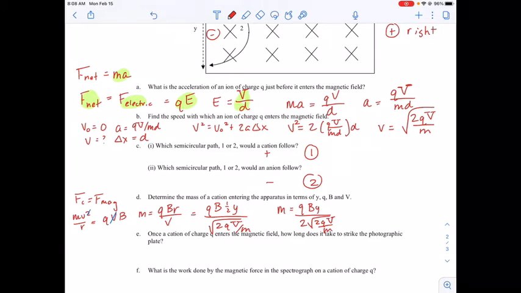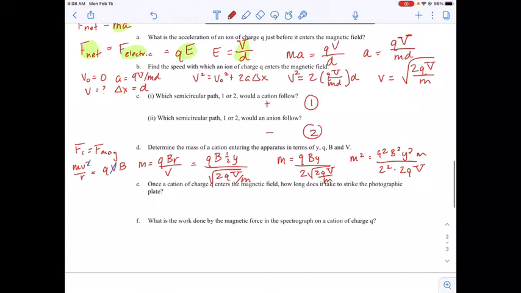So to solve this for m, I'm going to have to square both sides. When I square both sides, I'll get m squared equals q squared, B squared, y squared over 2 squared, and then times 2q voltage, and then the m on the bottom would come up to the top.